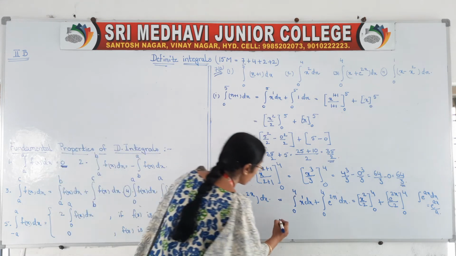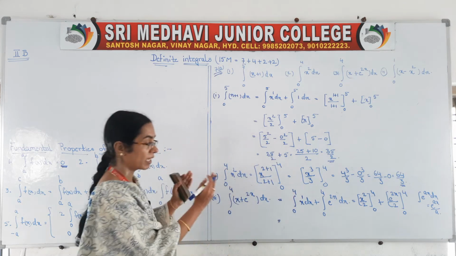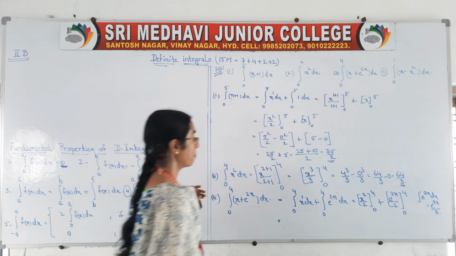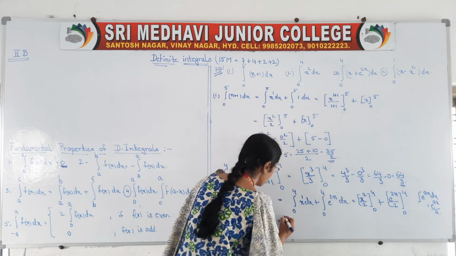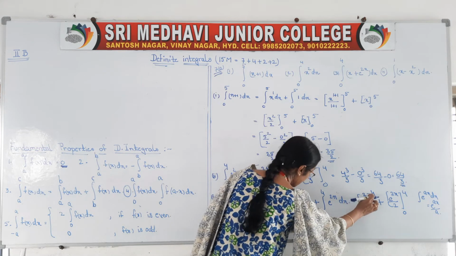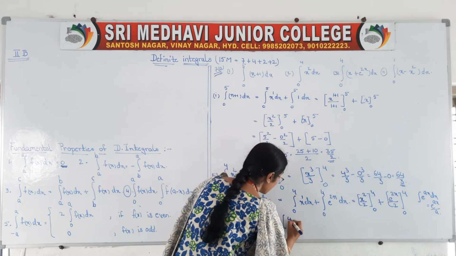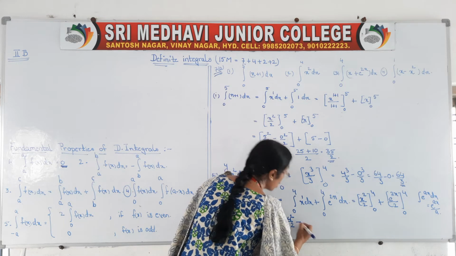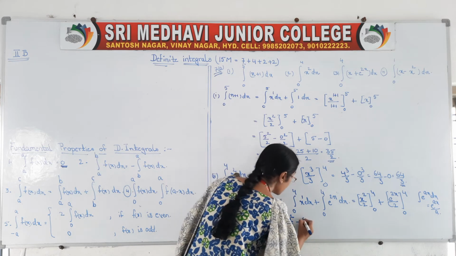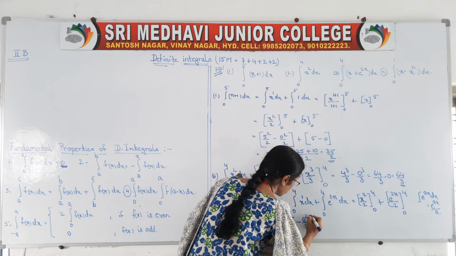Once it is over, we have to substitute the bounds in the given function. First, the upper limit, which is 4. So we write 4 square by 2 minus the lower limit, 0 square by 2.